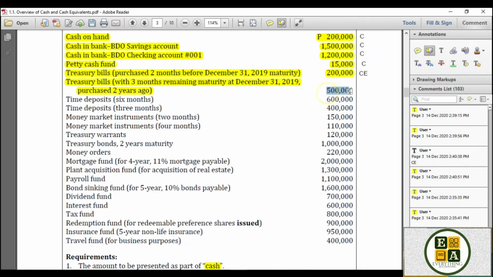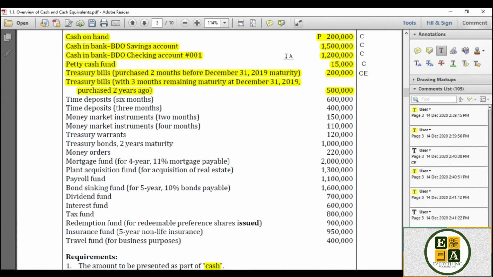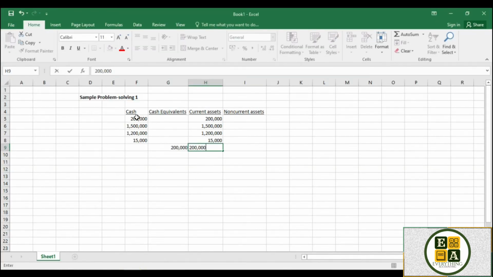So yung 500,000 na to will not qualify as cash equivalent. Okay? So hindi siya cash equivalent but we have to qualify this one as other current asset. CA is for current asset. Okay? So, sa ating qualifications, wala tayong ipupusa sa cash, then sa cash equivalent, pero papasok siya as current asset na 500,000. Okay? Kasi nga within 1 year na, 3 months na lang eh.